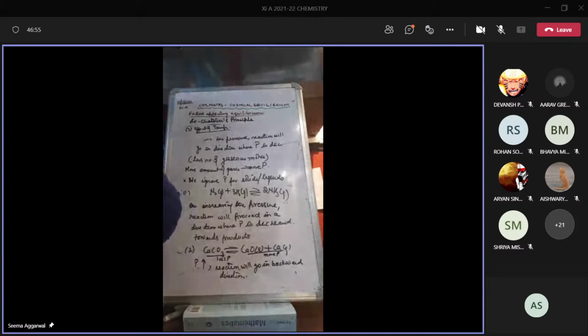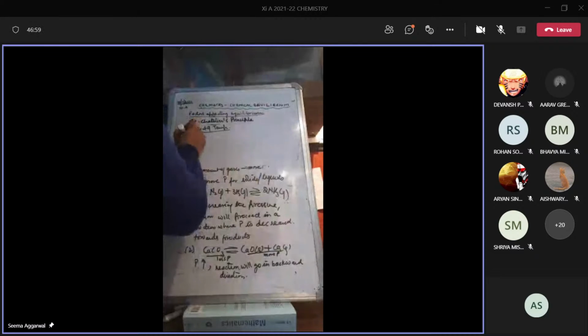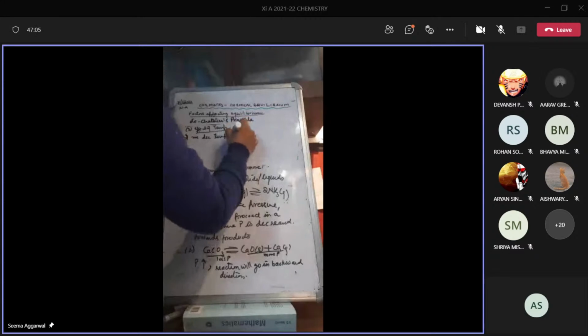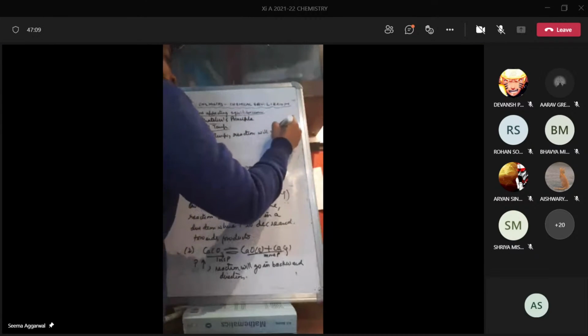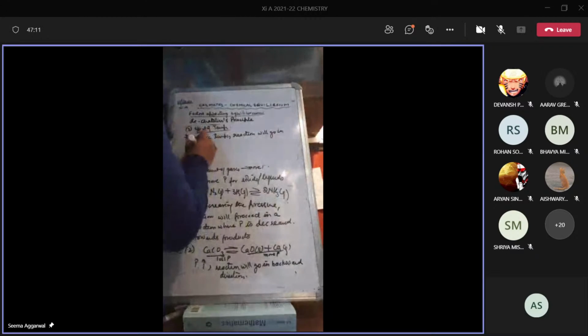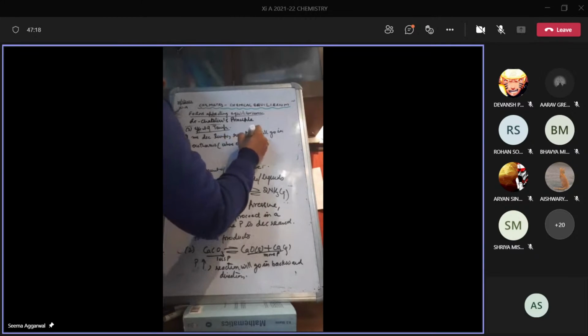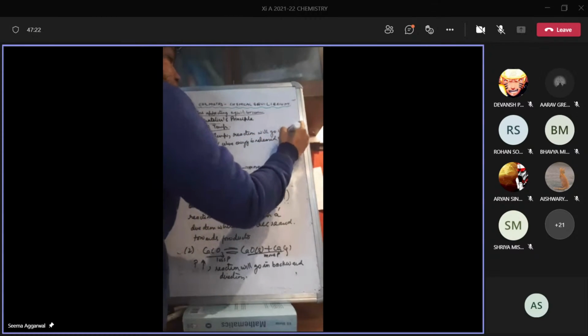Effect of temperature. Now just keep in mind, if we decrease the temperature, the reaction will go in the exothermic direction. Exothermic means where energy is released, and whenever energy is released, the temperature increases.